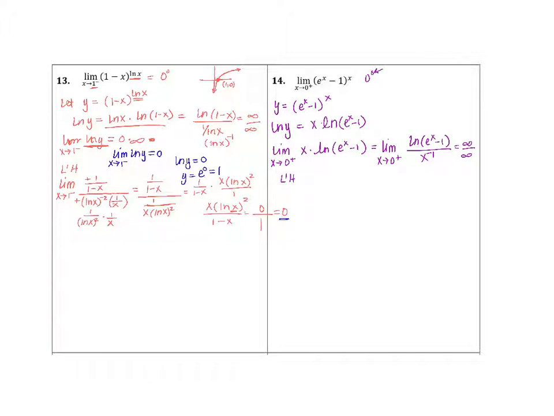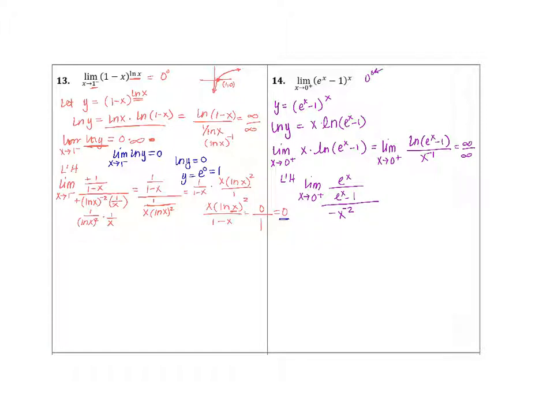And so if I do the derivative of the top, again, I have the limit as x approaches 0 from the right. The derivative of the natural log of e to the x minus 1 is going to be e to the x over e to the x minus 1. And then all of that is over negative x to the negative 2.